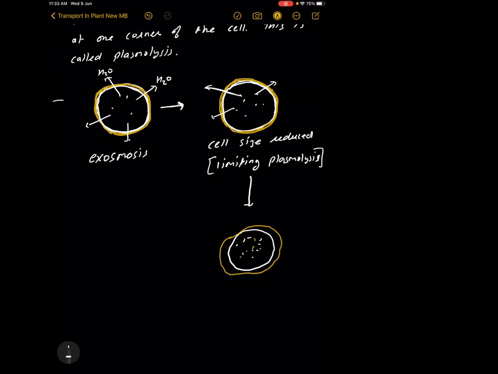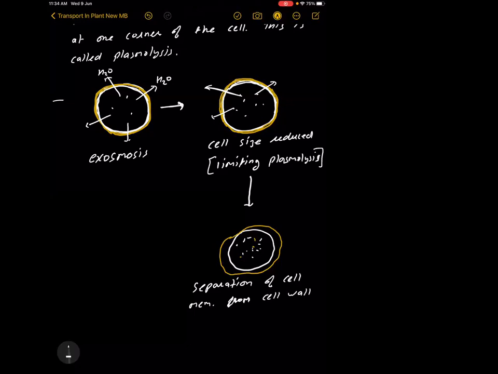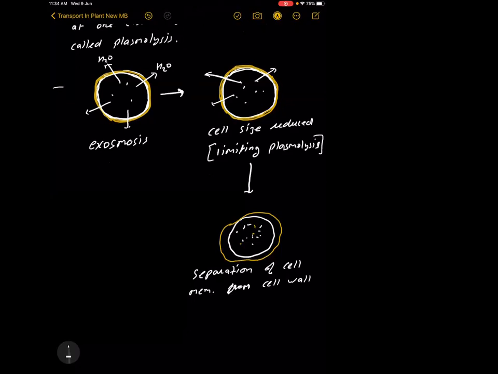This is the separation of cell membrane from the cell wall, because water is continuously coming out from the cell.